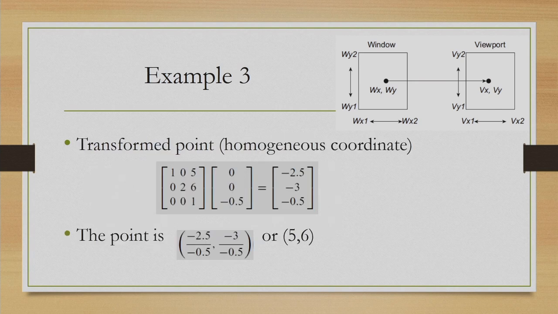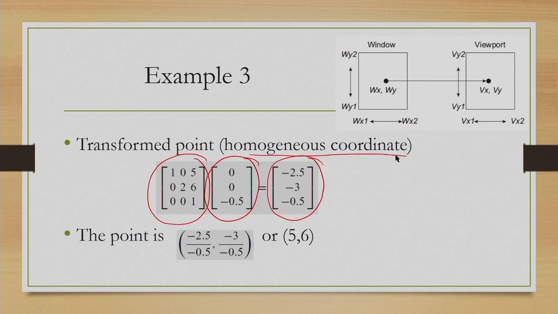Now, once we obtain the transformation matrix, it is easier to obtain the transformed point in the viewport by multiplying the transformation matrix with the point vector to obtain the transformed point in homogeneous coordinates. Here again the homogeneous factor is not 1.